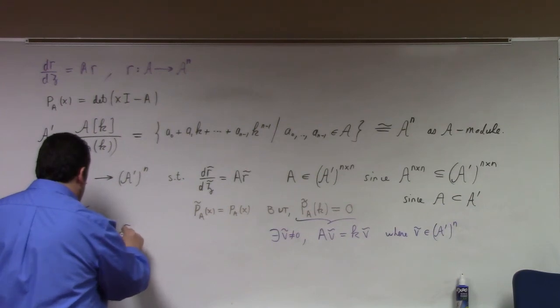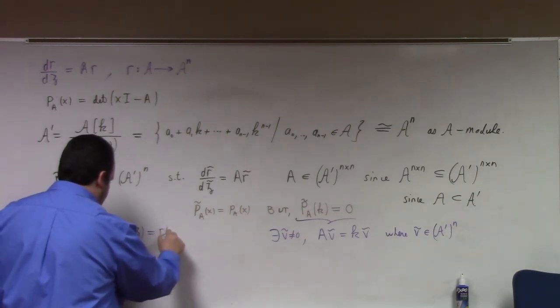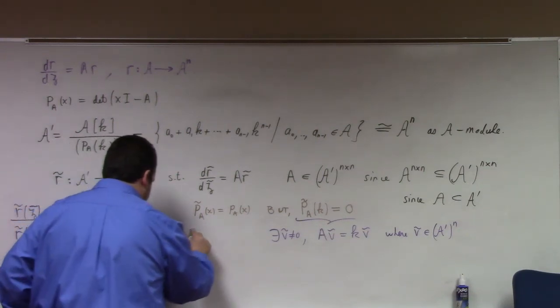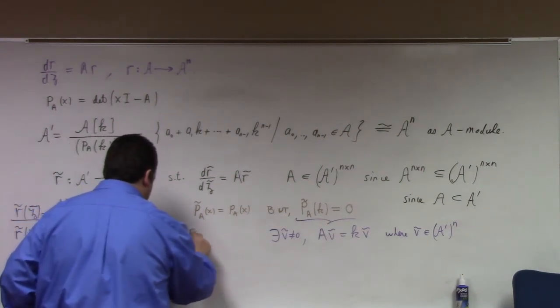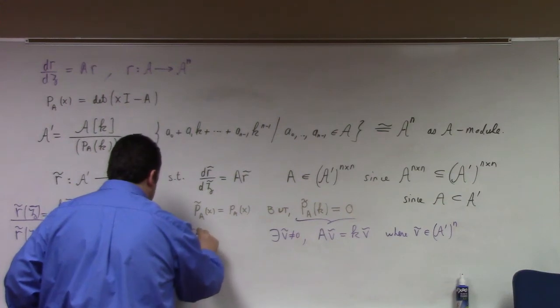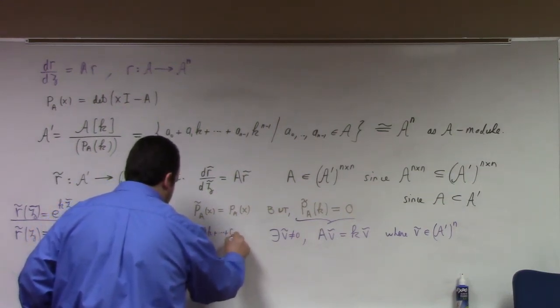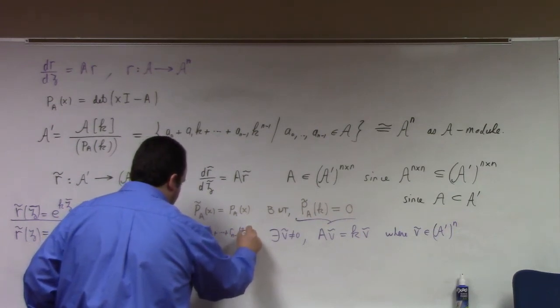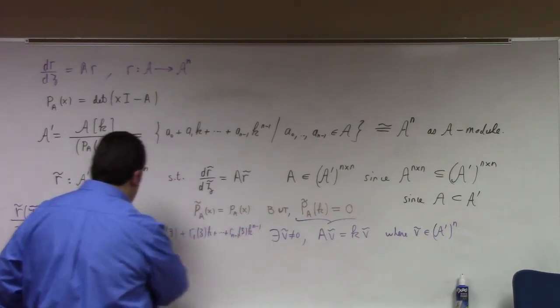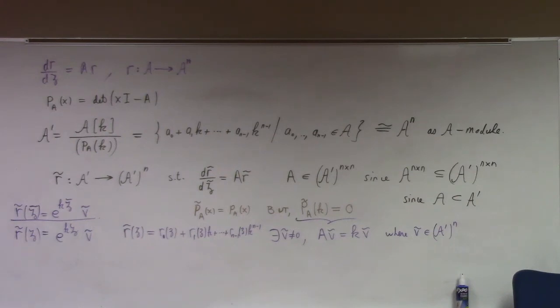Here R tilde of zeta is actually R naught of zeta, plus R1 zeta times k, plus ... Rn minus 1 zeta of k to the n minus 1. See, this extension solution, if I evaluate the extension solution at an algebra variable, which is restricting, really.